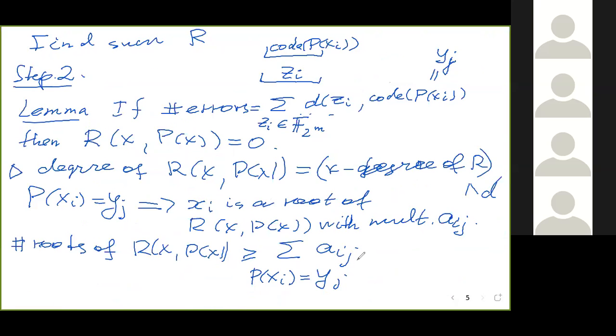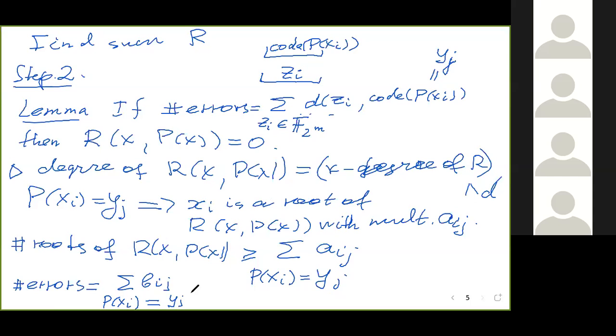So the number of errors can be rewritten as the sum of Bij, where the sum is over all i and j such that p(xi) is equal to yj.